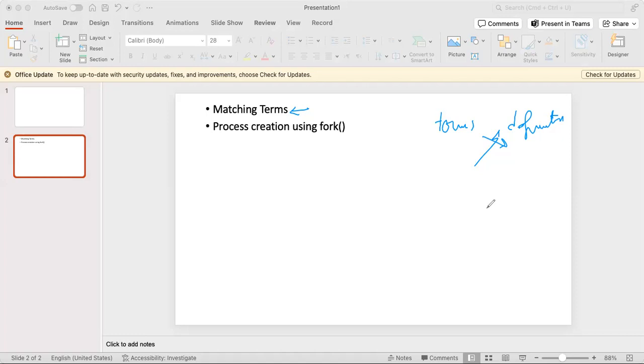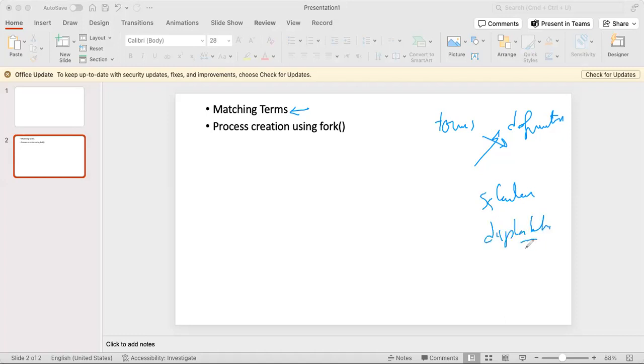So what is a scheduler, for example? A scheduler is a module, a component that handles scheduling the processes, meaning it applies a scheduling algorithm to pick the process to be executed next. And then the second term can be, for instance, the dispatcher.